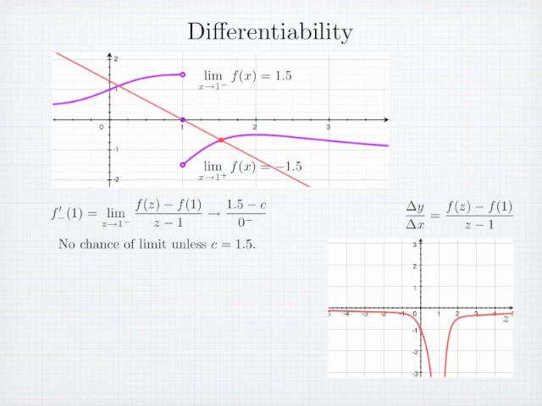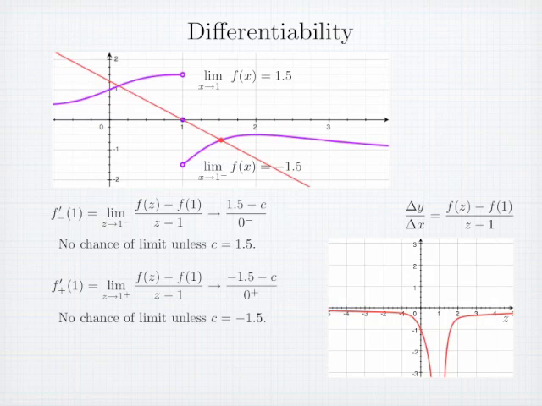That would correspond to moving my point up and filling in the circle at (1, 1.5). On the other hand, my right branch has a limit f of z minus f of 1. The right limit for f of z was negative 1.5. And so the only way that this limit exists is if my point is at the bottom point at negative 1.5. So it's impossible for both of these limits to exist at the same time.